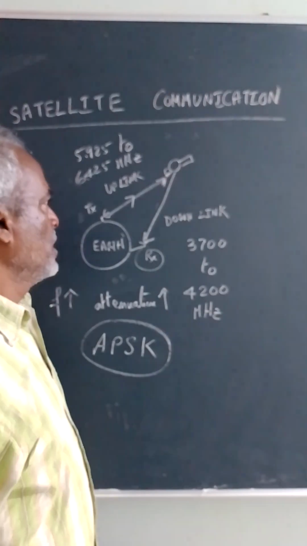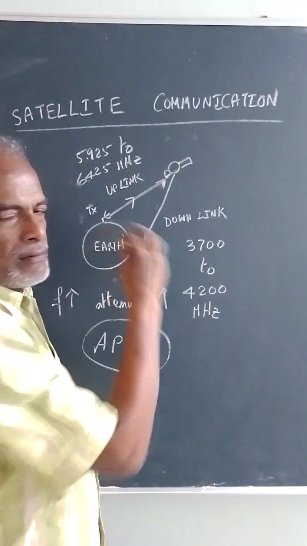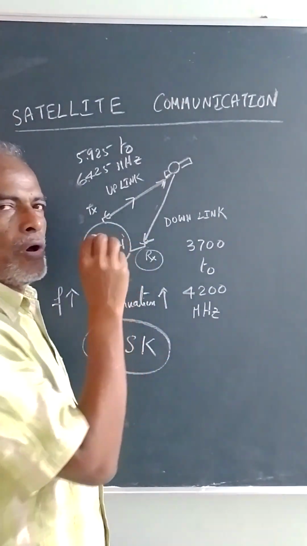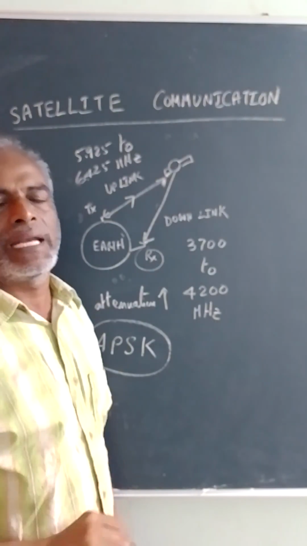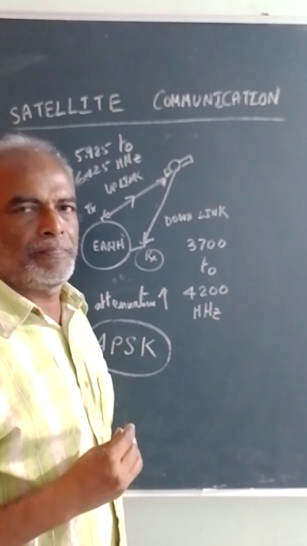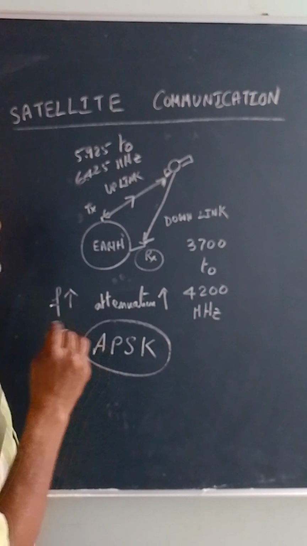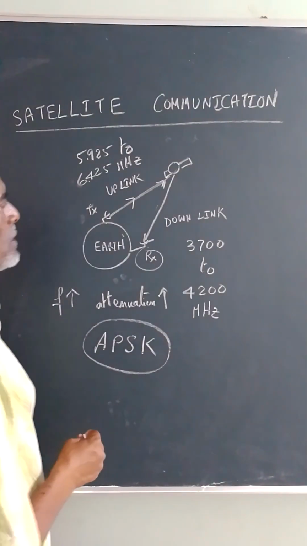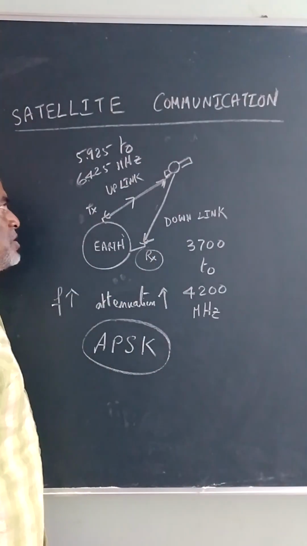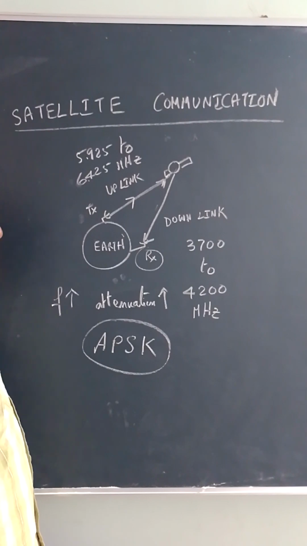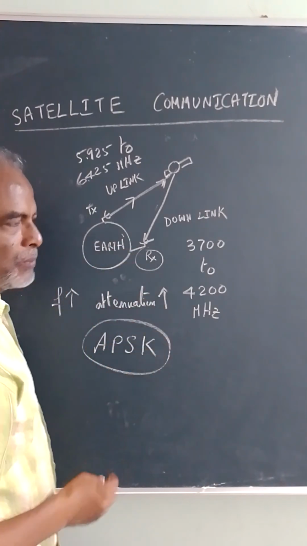That's the meaning. Therefore, it has to rotate, capturing or keeping point to point contact with India. So that is one thing we have to remember, and this is positioned in geostationary orbit. So now everything is over.